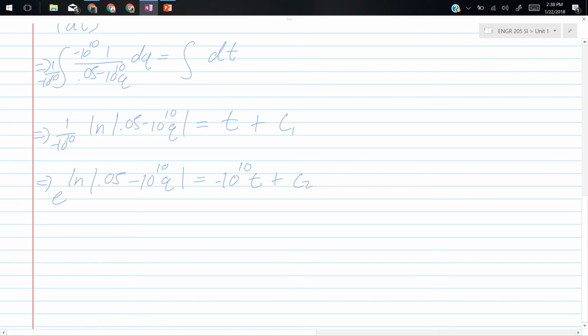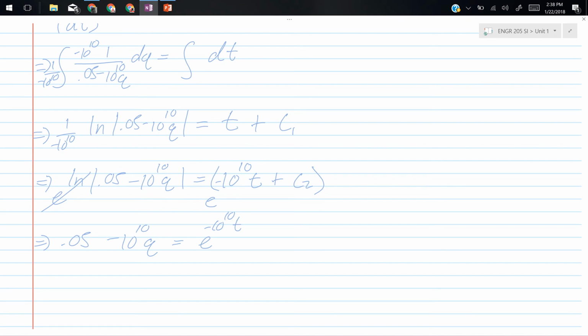You have the power of e for both sides. This is the log, 0.05 minus 10 to the 10 times q equals e to the negative 10 to the 10th t. Now I have plus C2, but if you remember your rule of exponents, when you multiply, say, x squared by x to the first, it becomes x cubed.